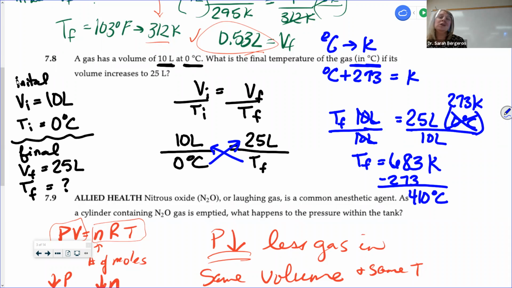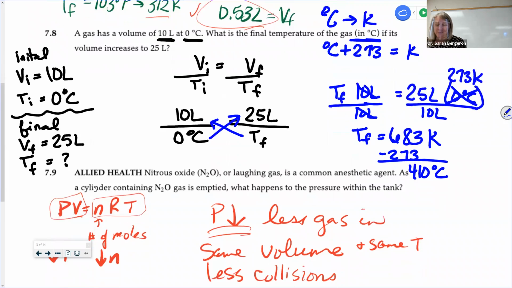Celsius is cool because 100 degrees is boiling and 0 degrees is freezing. So if you start out initially at 0 degrees Celsius, you're at the freezing point of water. To go from 10 liters to 25 liters, you had to go to 410 degrees. That's really hot.